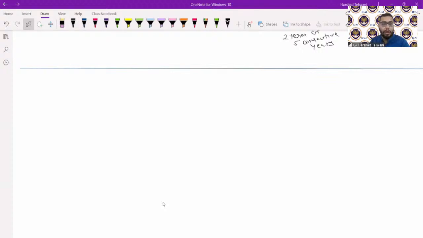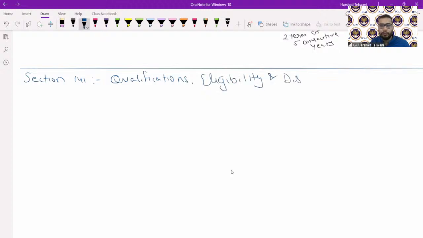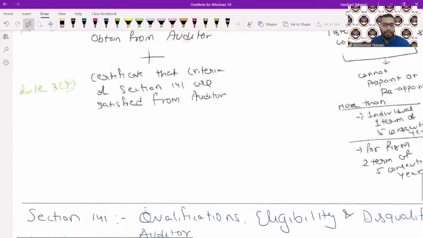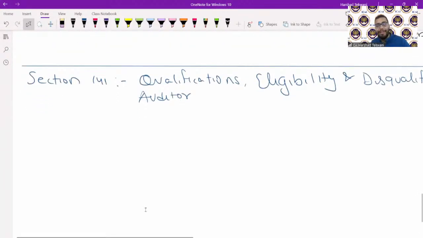Section 141 talks about the qualifications, eligibility, and disqualifications of an auditor. These sections provide who is eligible to be an auditor, and what conditions are required to be seen.